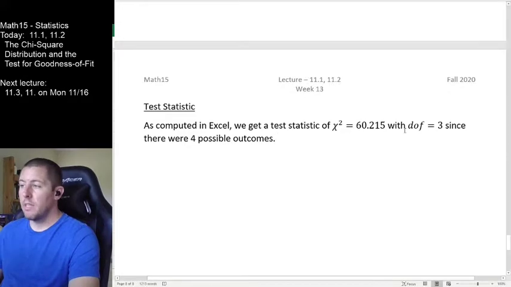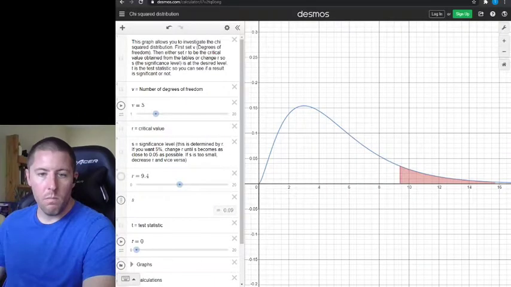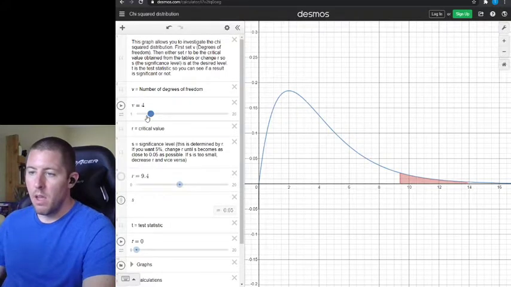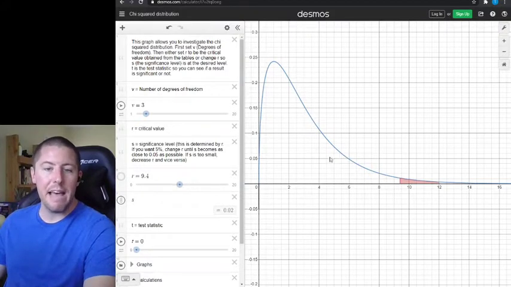What I would like to do is come back to Desmos real quick and throw the same information in here so that we can get our graph again. This is just to help visualize this guy. Notice that our 3 degrees of freedom situation is a very heavily right skewed graph. The tail is to the right.